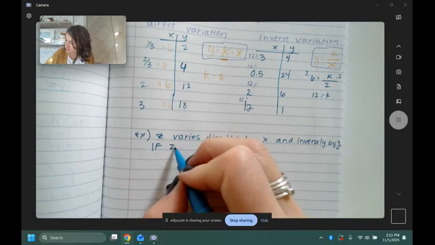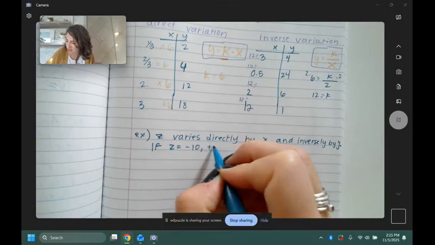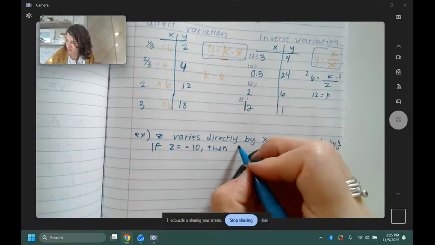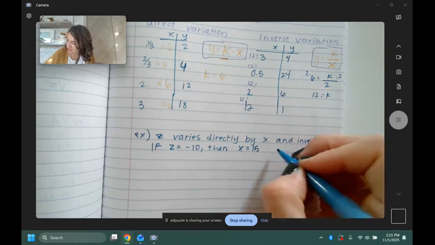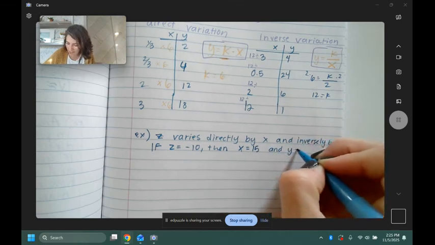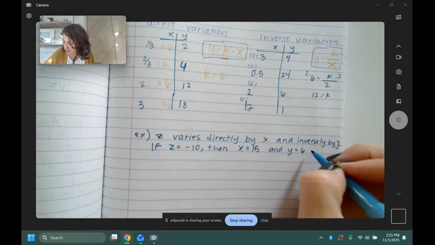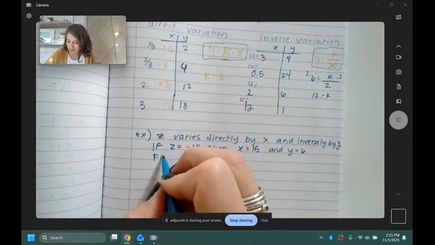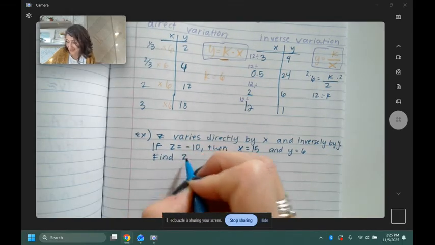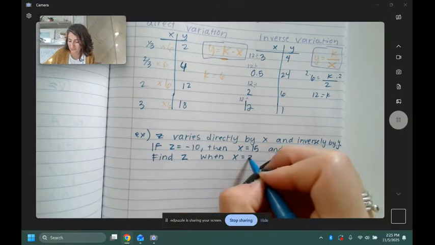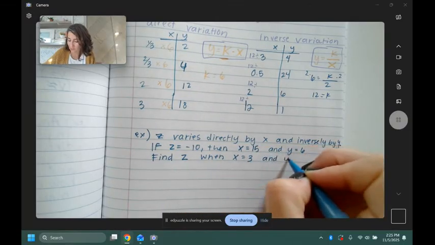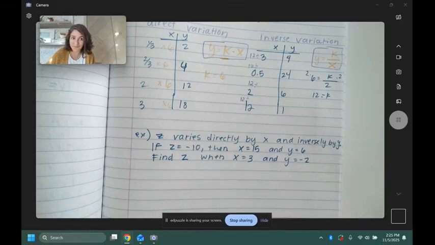If z equals -10, then x is equal to 15 and y is equal to 6. Find z when x is equal to 3 and y is equal to -2.